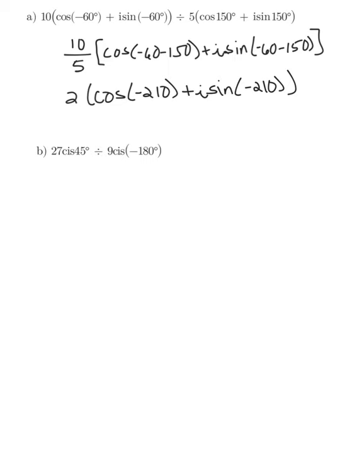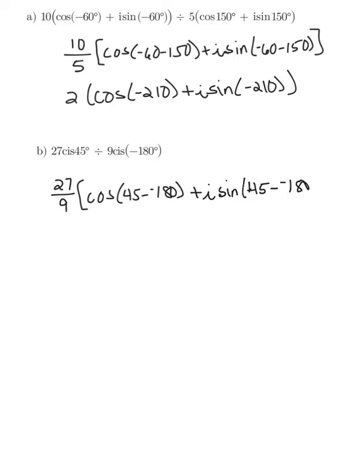Doing the quotient on these two numbers, we will take our r1 of 27 divided by r2 of 9. Then we will have the cosine of 45 minus negative 180 plus i times the sine of 45 minus negative 180. 27 divided by 9 is 3.